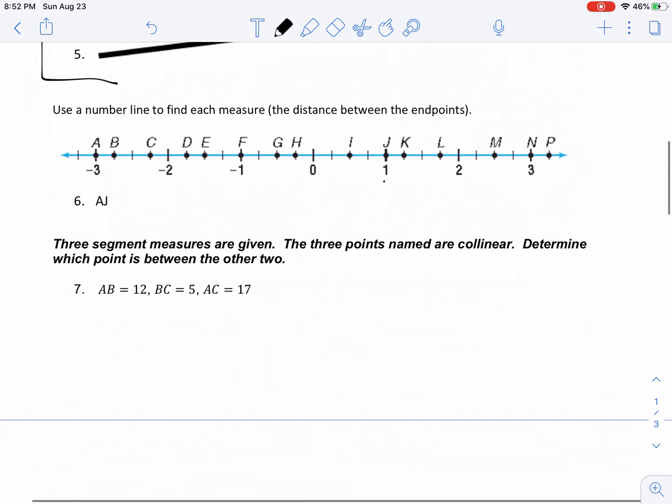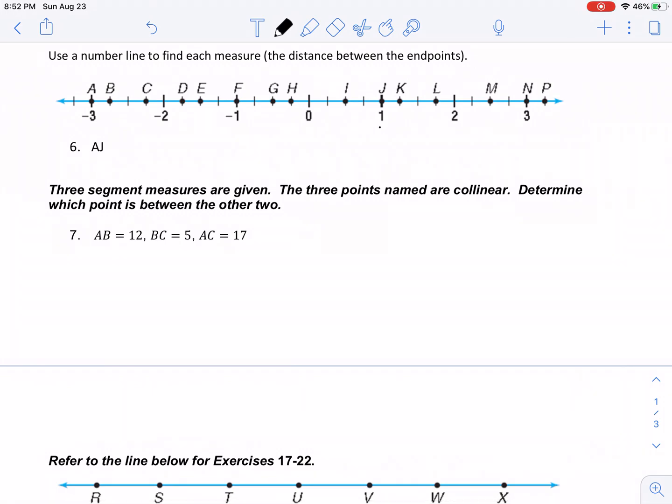And we talked about number 5. I'm going to move on to number 6. Okay, use a number line to find each measure. Okay, we want to find the measure of AJ. Well, anytime we want to find the distance between 2 points, we have to subtract them, right? So let's take A's value and J's value. The best way to think of this is take the larger value, in this case J would be larger since it's positive, and subtract the smaller value, which would be A's value, which is -3.